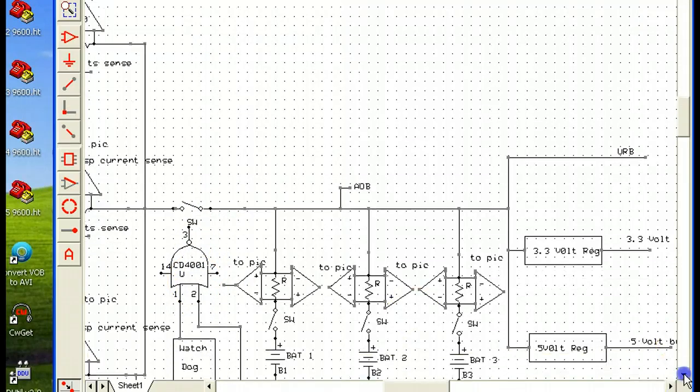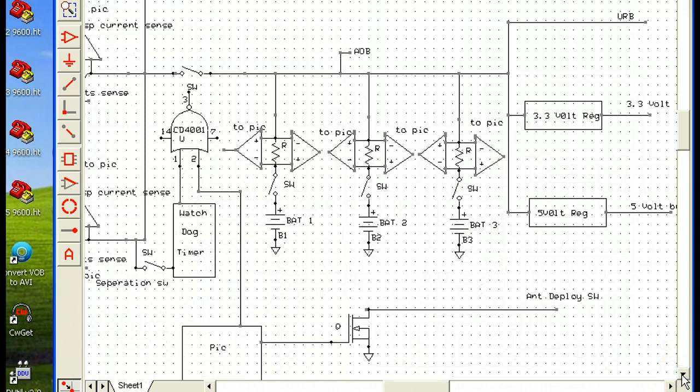Now, in addition, we have three batteries on this board, and they're all similar. And these batteries are switched onto the bus under the control of the PIC. And again, we have a current sensor, and we again measure current by voltage drop across a very small resistor.